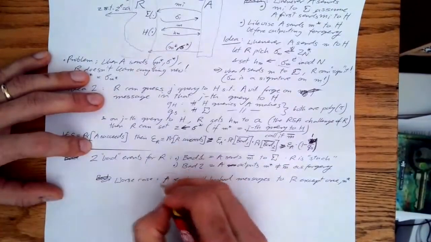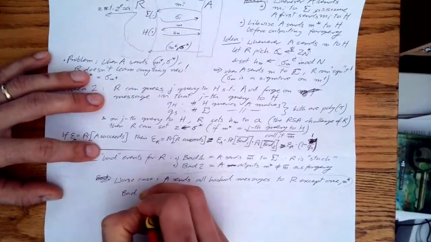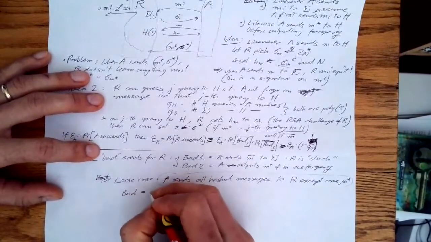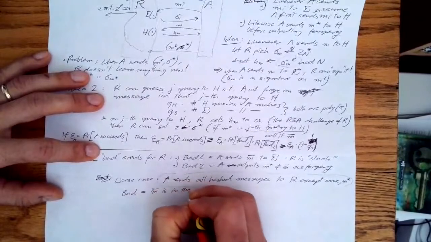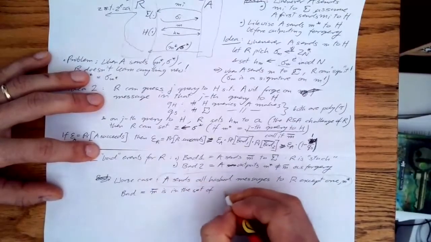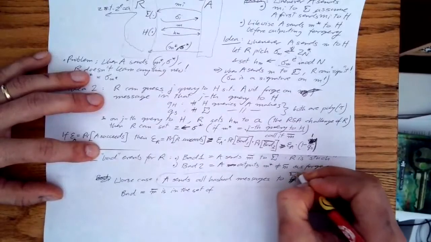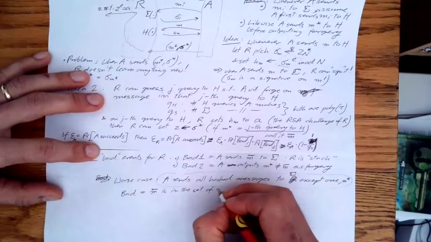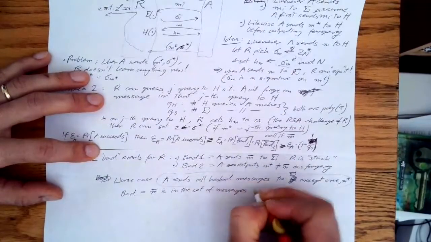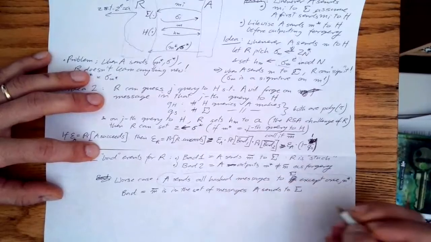Okay, and let's just call this the event bad, which is that M hat is in the set of messages A sends to sigma, right? So in the set of messages A sends to sigma.